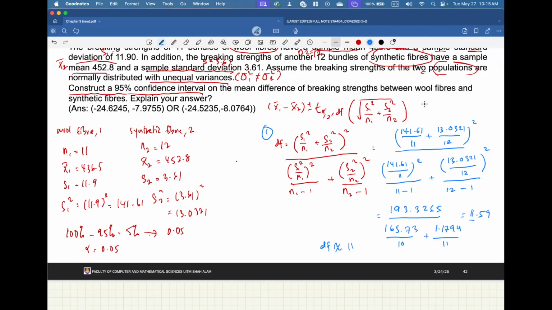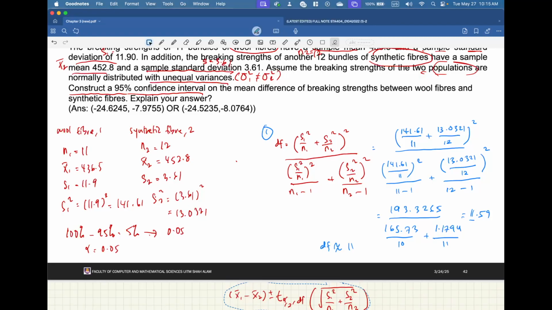This is the formula, and this is the information given to us.